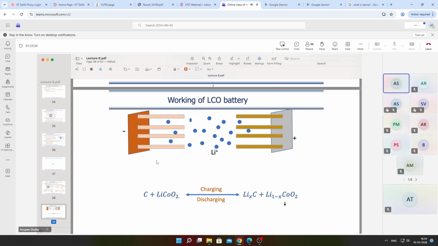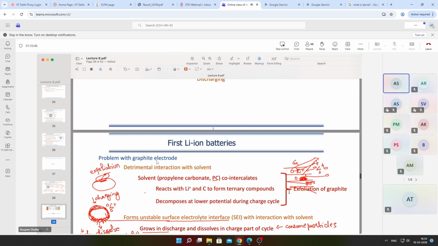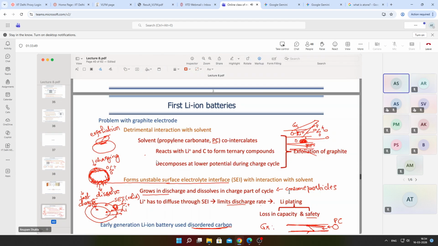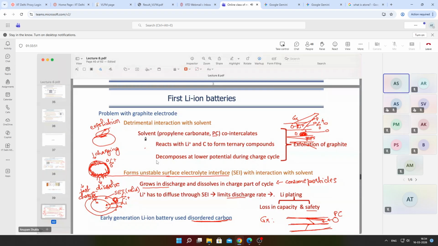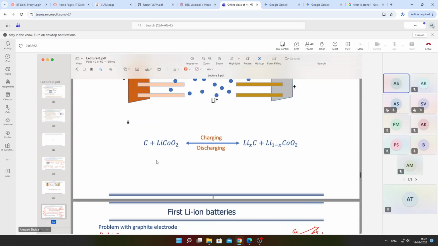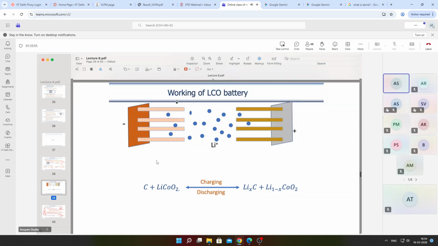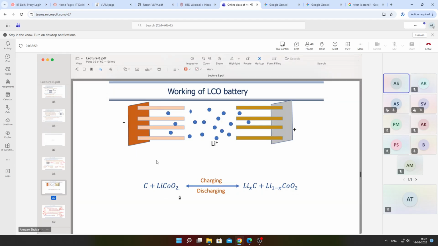And as we have seen in the previous lecture, the charge is accommodated by X number of cobalt 3 plus converting to cobalt 4 plus. So the first lithium ion cells were formed with this: the negative electrode was graphite, and the positive electrode was lithium cobalt oxide.